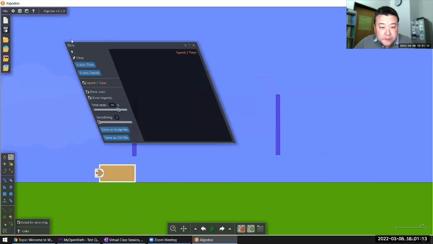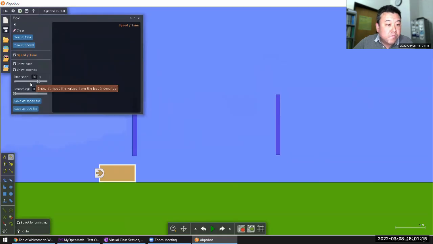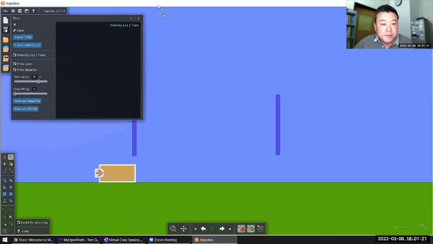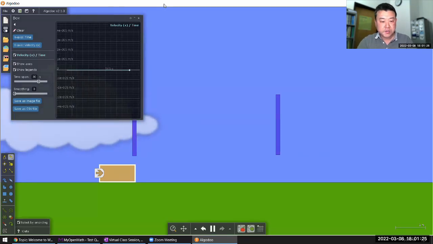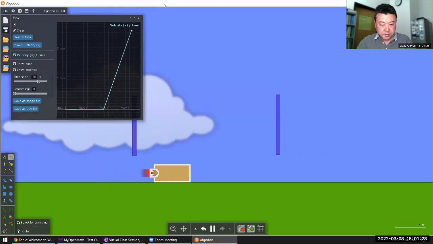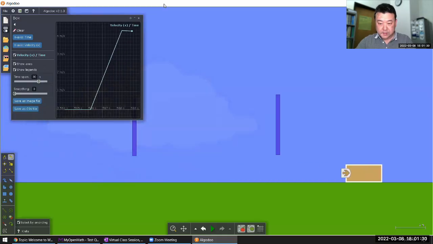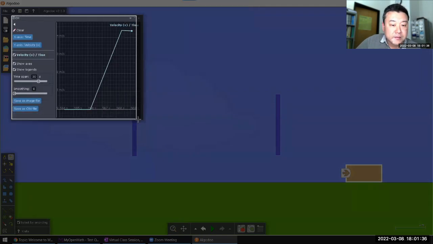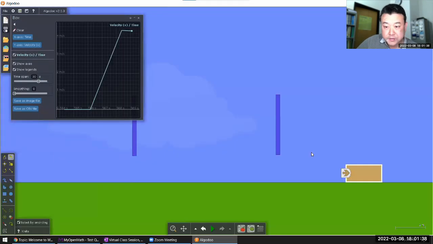Show plot, and I'm going to plot the x velocity of the object. Let me run this again, running the simulation, thrust to start, and end. Okay, let me take a screenshot of that for comparison purposes. And this is what I want to compare this to.